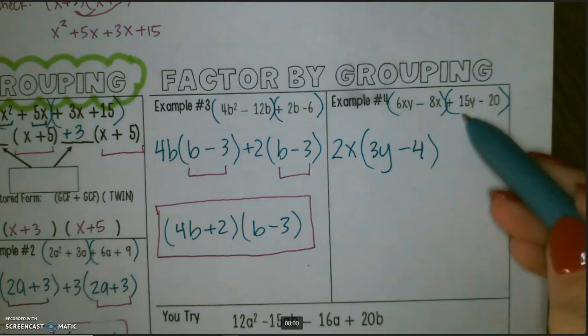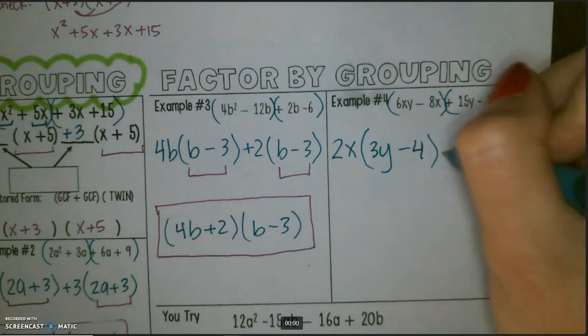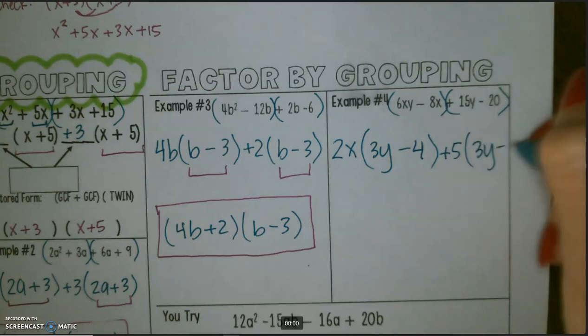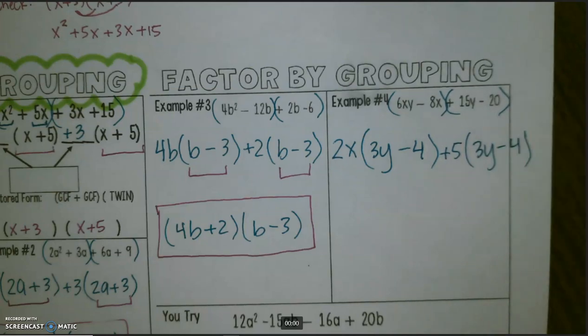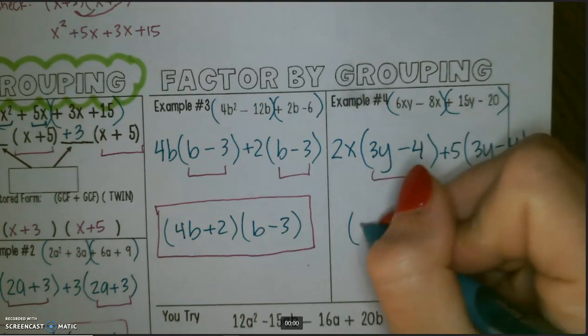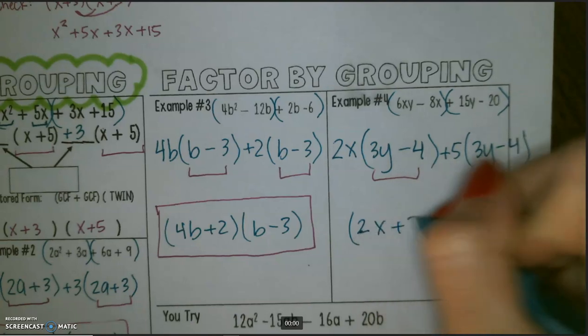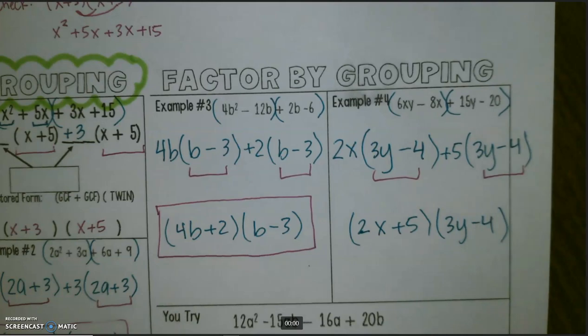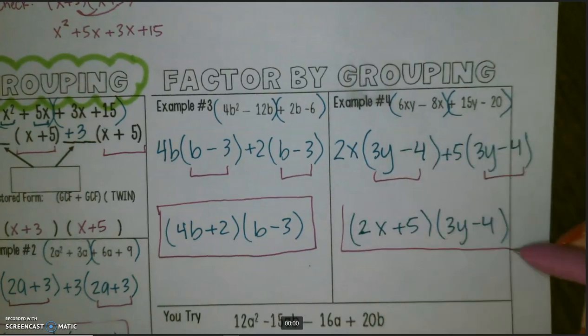Looks like I could divide a positive 5 out of this grouping, which would leave me with a 3y minus 4. Now that I've found my twins, I'm good to pull my GCFs to the front. And I have 3y minus 4 in the back for my final answer.